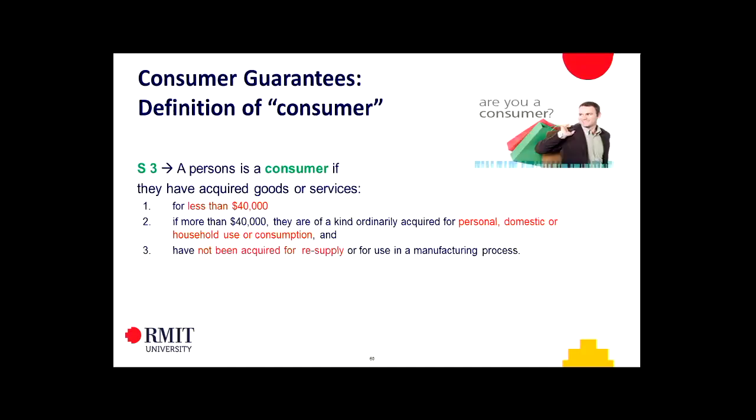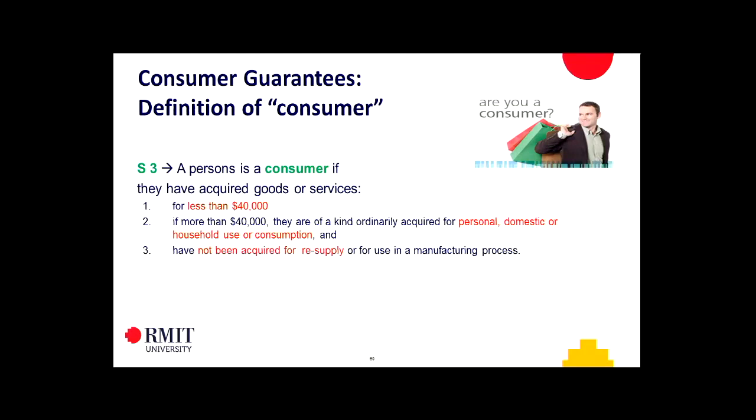So we look at the guarantees, but what is a consumer good? So a consumer good is anything that you acquire that is less than 40,000. That's most things. Microwaves, computers, clothes, shoes.